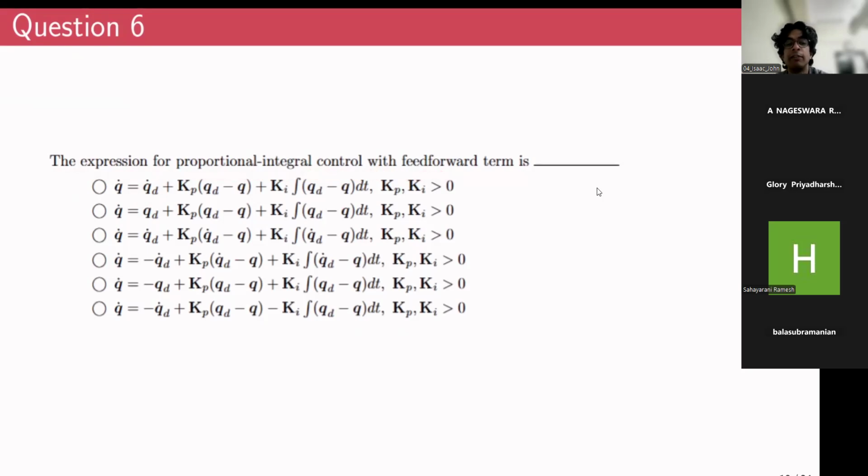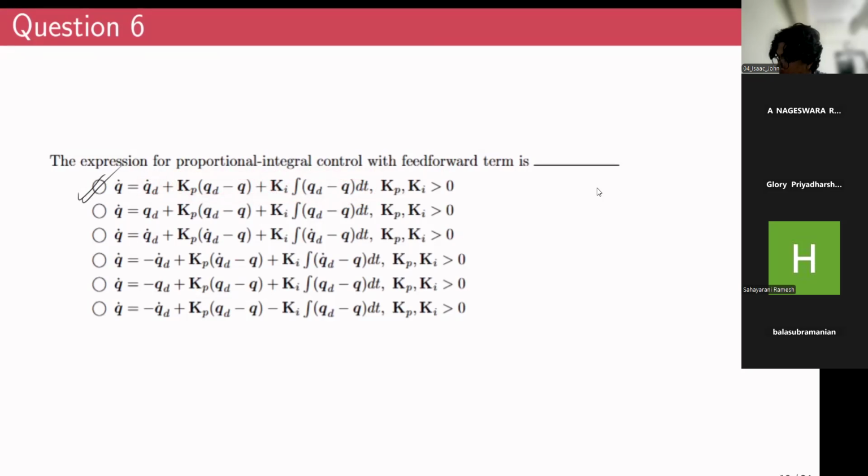So whatever is free from feedback, you can consider it to be a feed-forward term. So in the first equation, you have q desired dot, then Kp multiplied by q desired minus q, then Ki multiplied by the integral of the error, q desired minus q. So this equation looks to be correct, right? You have a proportional term and an integral term, and then you have a feed-forward term over here, q desired dot. So option 1 looks to be correct.